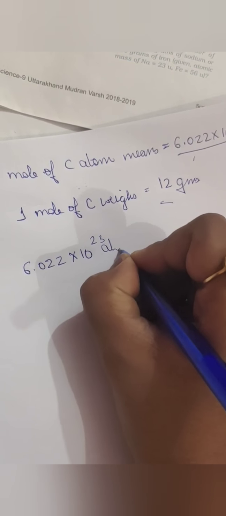Okay, so we can also write that 6.022 into 10 to the power 23 atoms of carbon have mass equal to 12 grams.